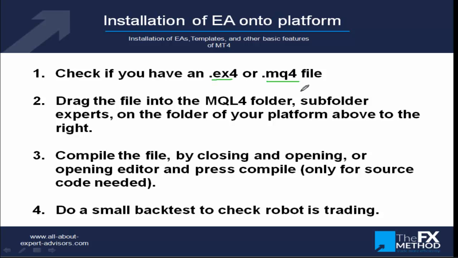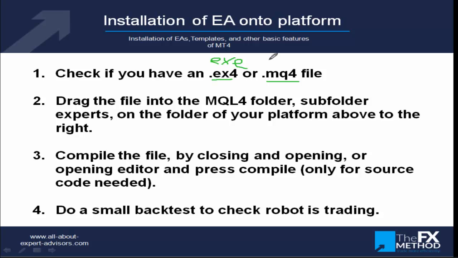If you would be trading on the MetaTrader 5 platform, it would be called EX5, right? And MQ5. This EX stands for executable, right? It's like an exe file. You remember that from installing any software. An executable file is a file which is compiled. You don't have the source code.